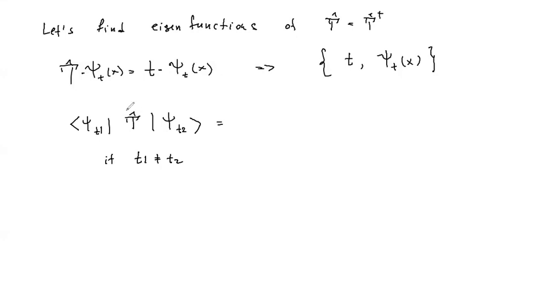Can I take my operator and act with this operator to the right? What am I going to get, if this operator is acting on the right, and this is an eigenfunction? So tell me what I'm going to get. t2, times the function, exactly. Again, eigenstate, eigenfunction, doesn't matter.